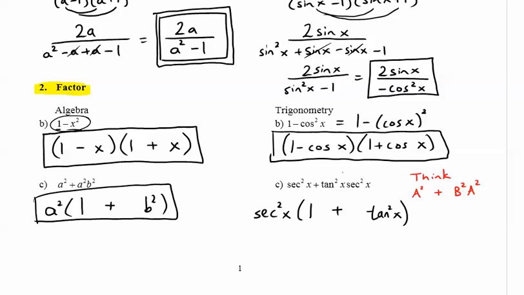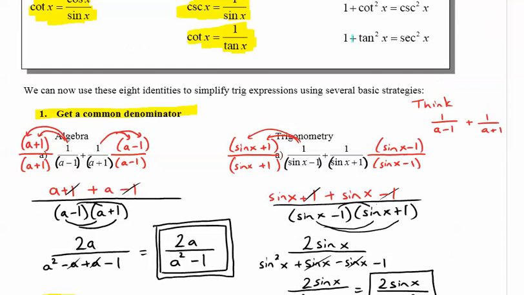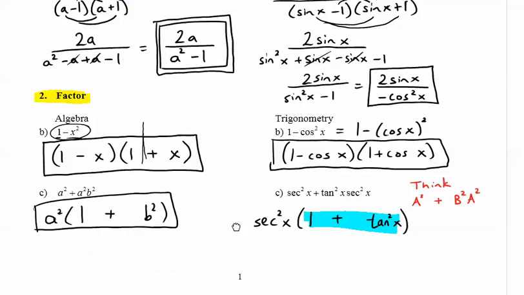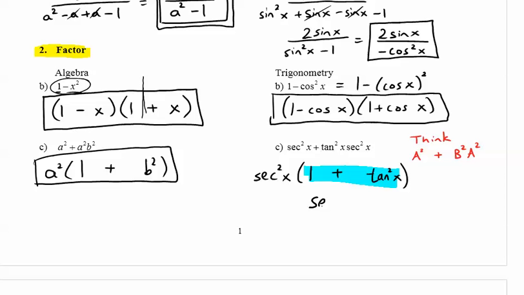But we can go a little bit further since this is trigonometry. 1 plus tan squared x is the same as secant squared x. So instead of 1 plus tan squared x, I can write secant squared x.